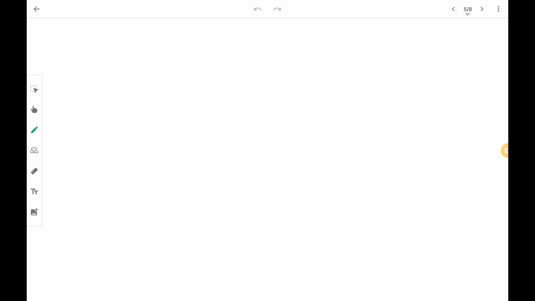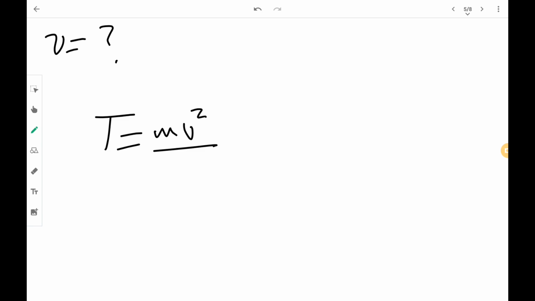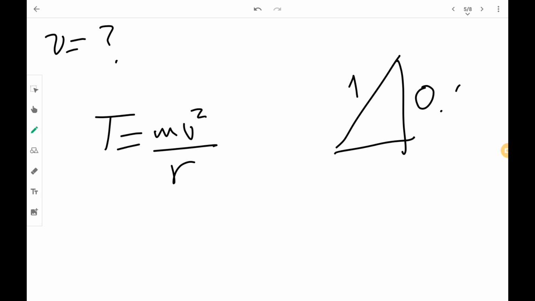Now for part B, they want you to find v, which is the speed. You can use one of the equations from before, which is T equals mv squared over r. Now for r, we have to refer to the triangle again. This is 1, this is 0.6. Using the Pythagorean theorem, you'll get this is 0.8. So this is supposed to be also T sine alpha.